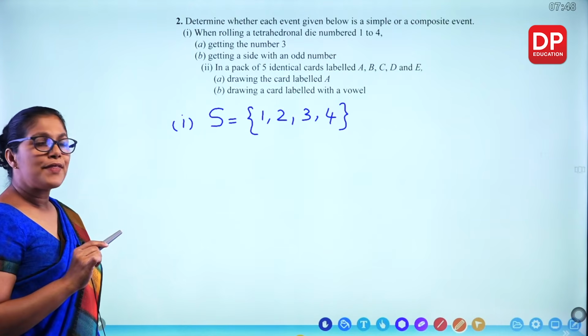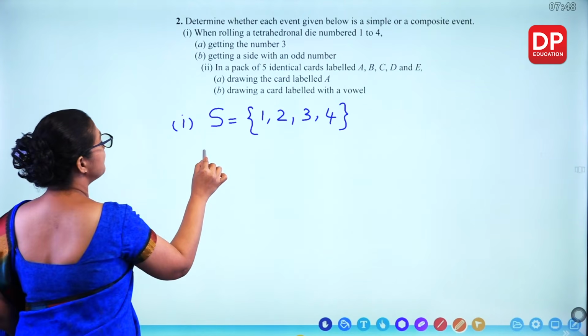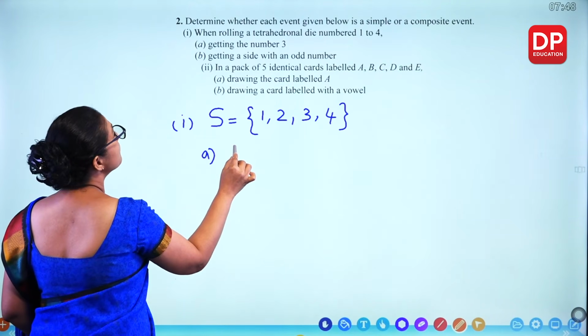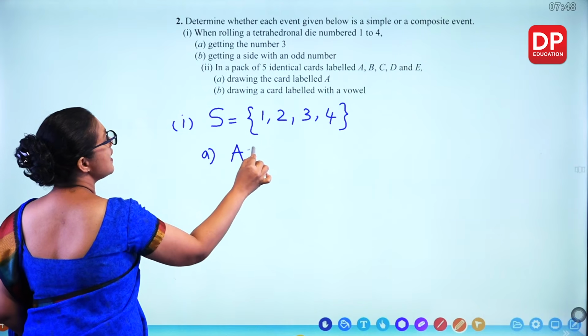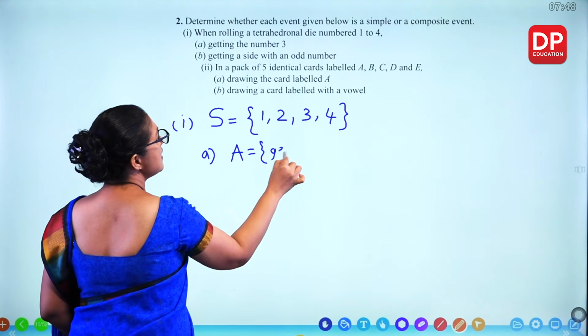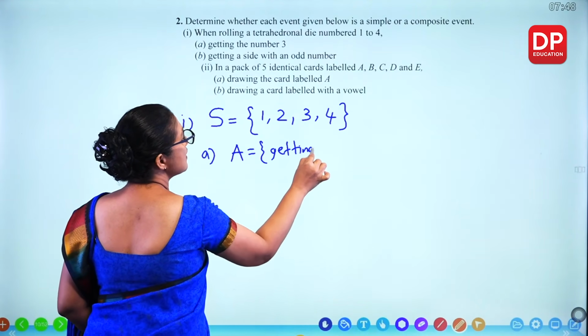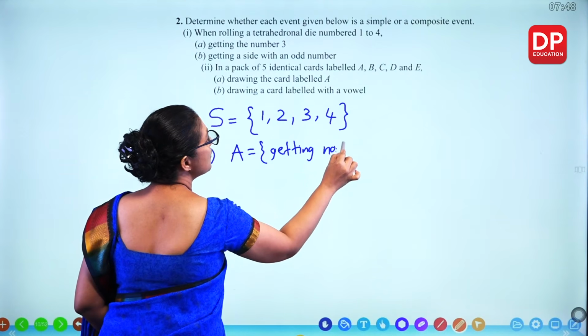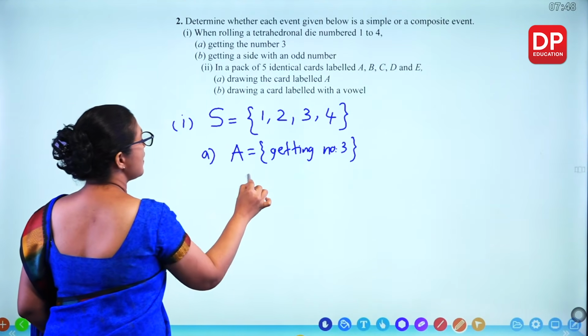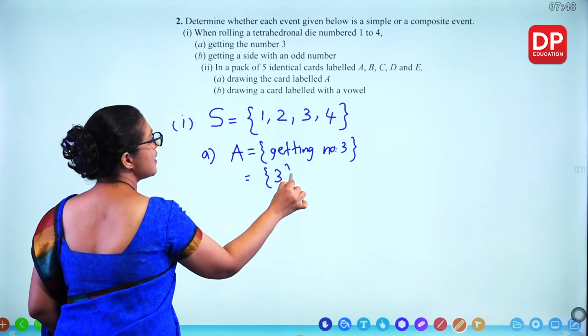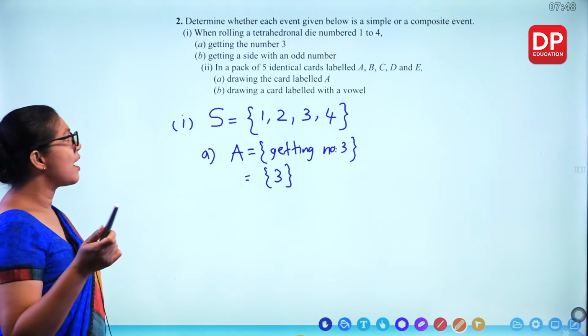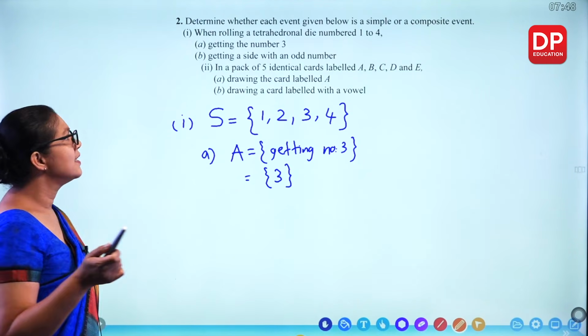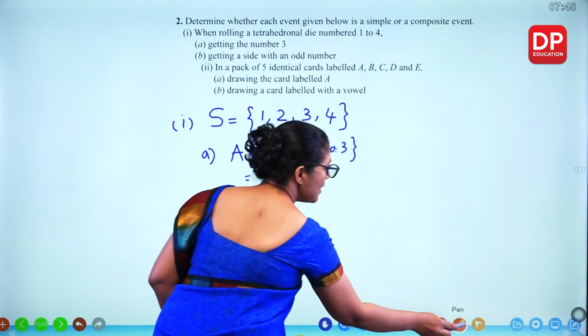Getting the number 3. We'll take A. Getting number 3 means you can just take 3. Just one possible outcome. So what's the event? A simple event.